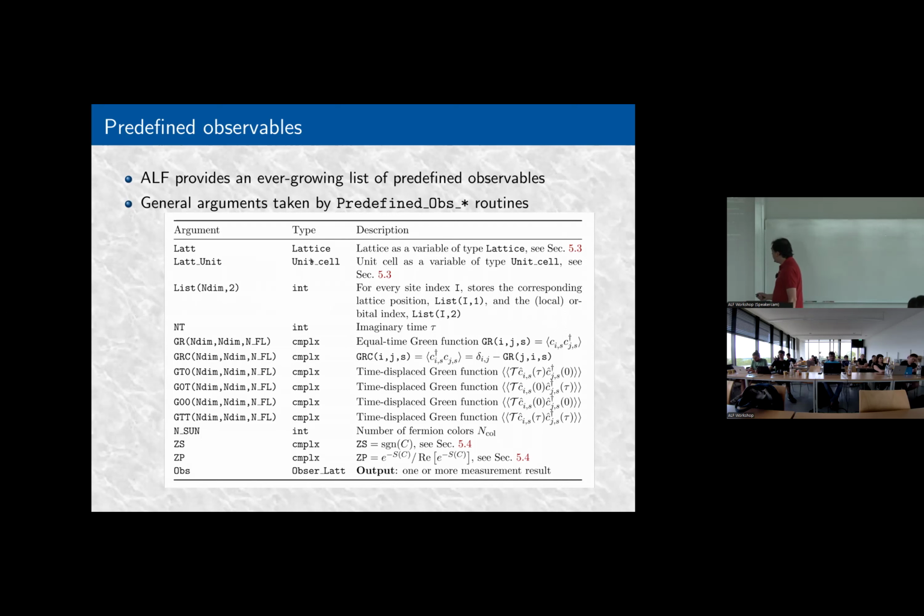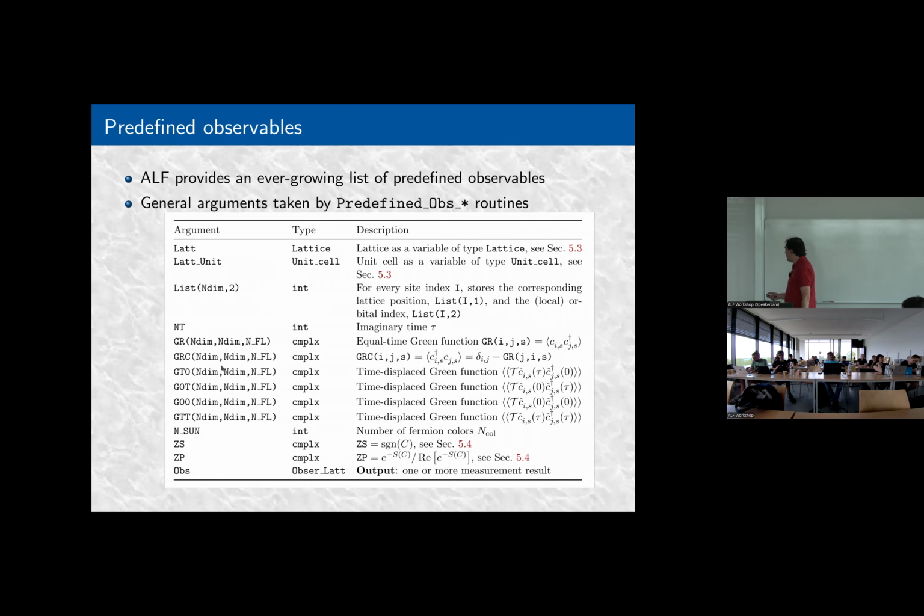In particular, the predefined observables receive as input the data concerning the lattice, so the lattice and unit cell. A list which basically is a map from lattice sites and the unit cell to a big super index of the entire lattice. And then the predefined observable can generically be computed using the Green's function.